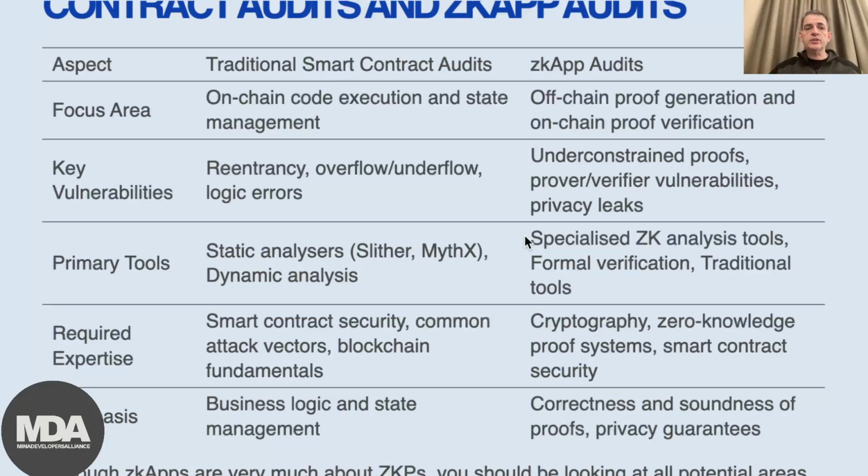We'll have different key vulnerabilities potentially in the code, such as under-constrained proofs. The tools that are available to us could be very different. We need very specialized tools for analyzing zero knowledge projects. Generally, there is more expertise required because of the cryptography involved.